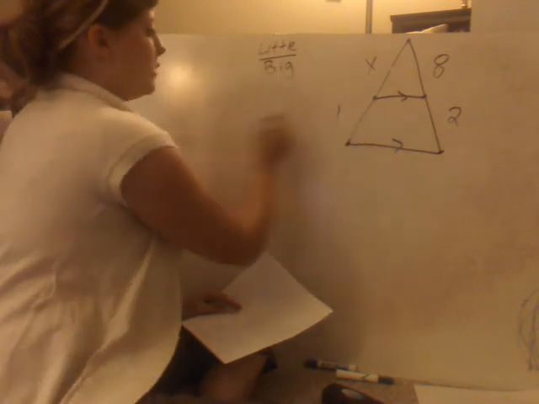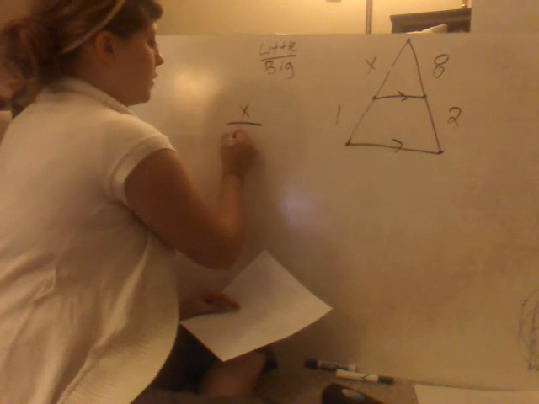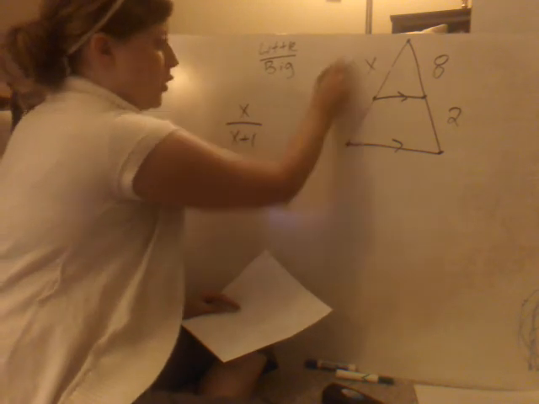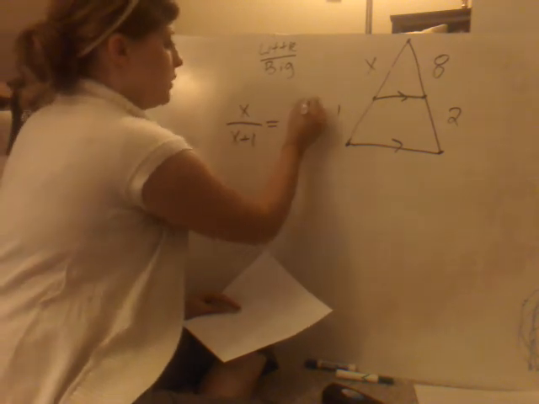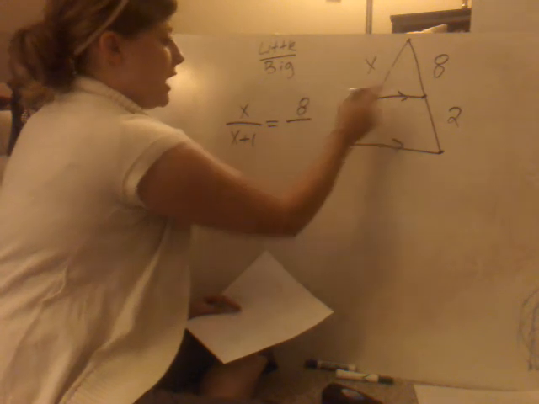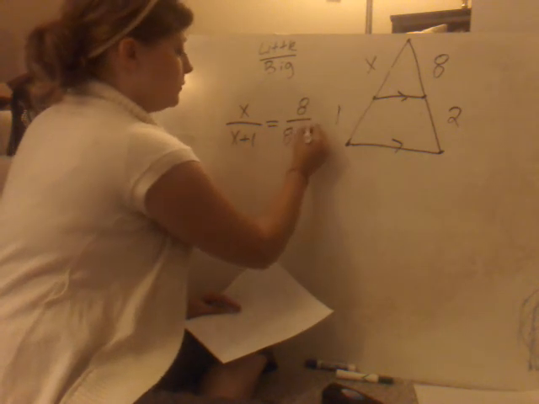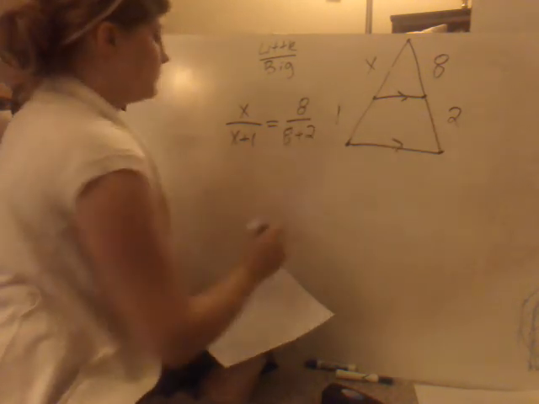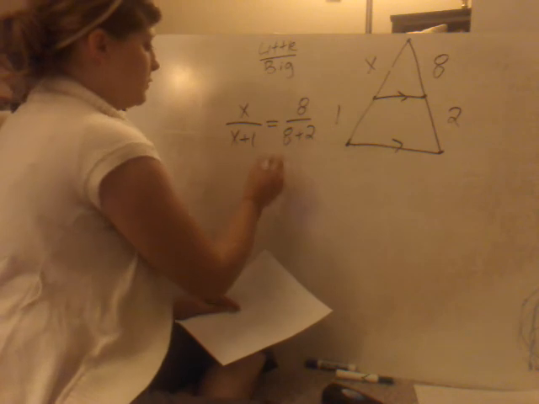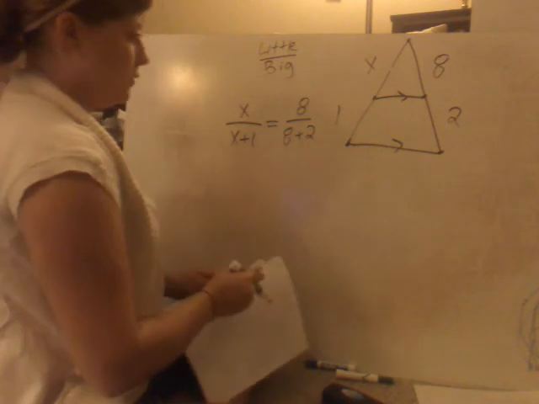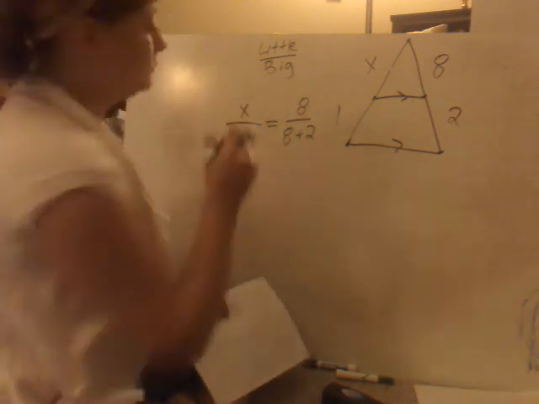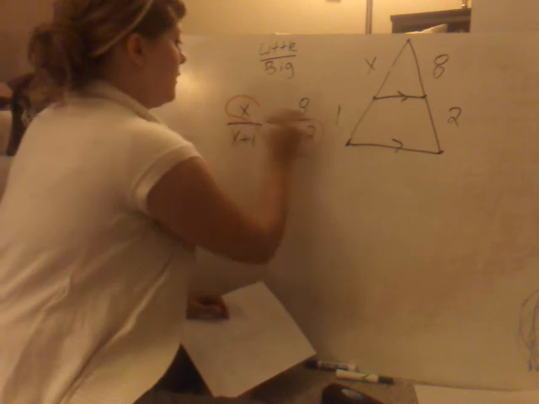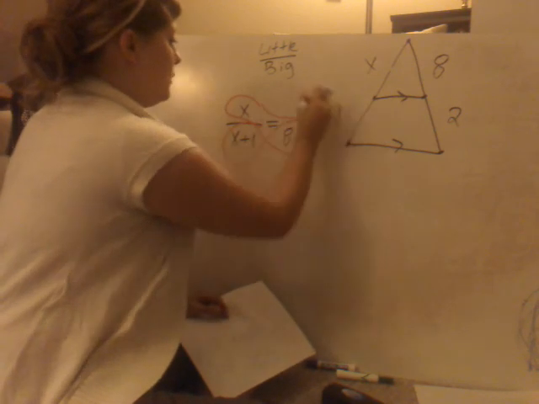So my little triangle information is x over x plus 1. This whole side is equal to 8 over 8 plus 2. The whole side. So I do my cross multiply with my handy dandy red marker. There we go. And then we go like this.